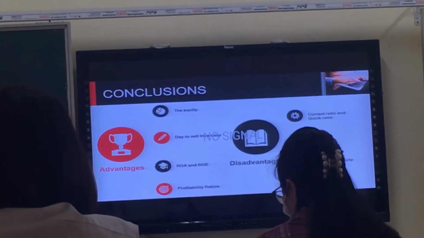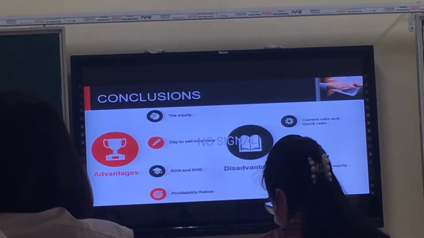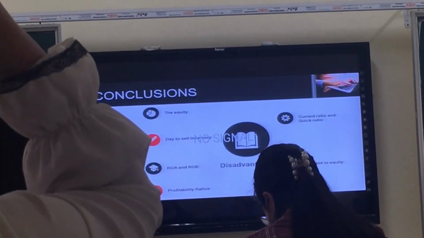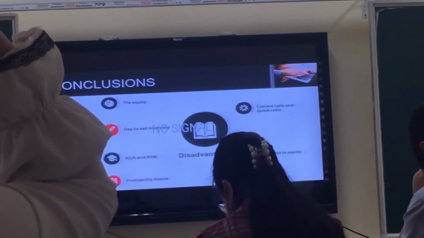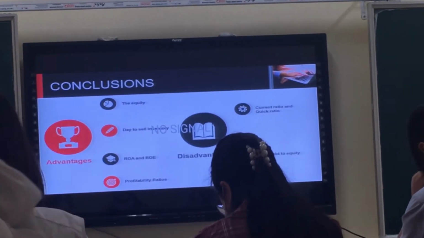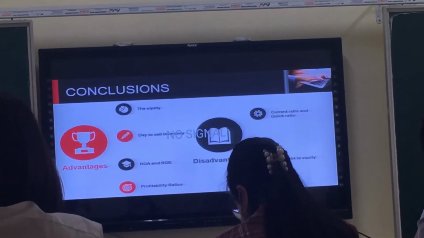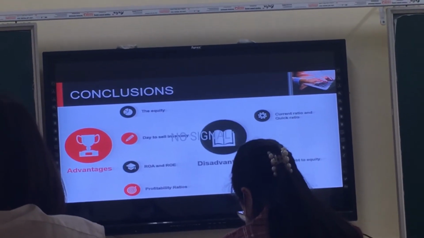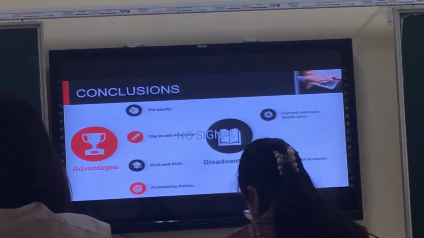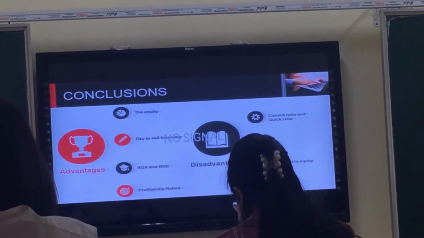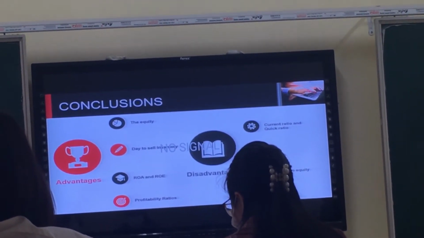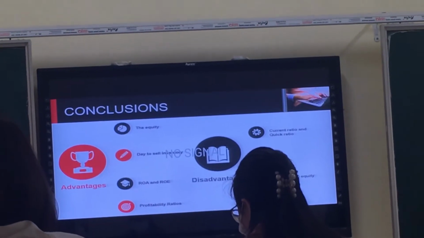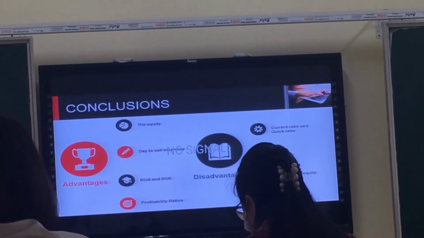For the advantages, we are increasing the equity, days to sell inventory is really good, and ROA and ROE are controlled well. And the last one, the profitability ratio, is good because it increased. So it means that we earn a greater amount of profits.